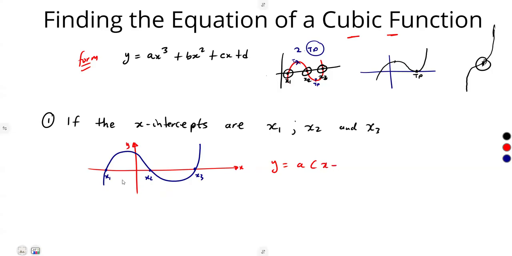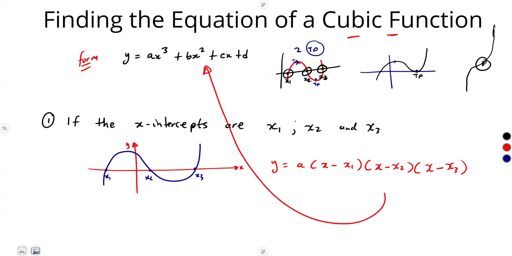So it's x minus x1, into x minus x2, into x minus x3. You subtract the x-intercepts. This will form an equation of a cubic function in this format.